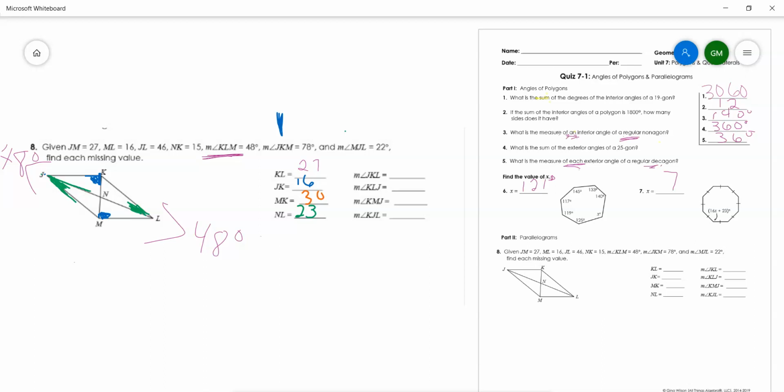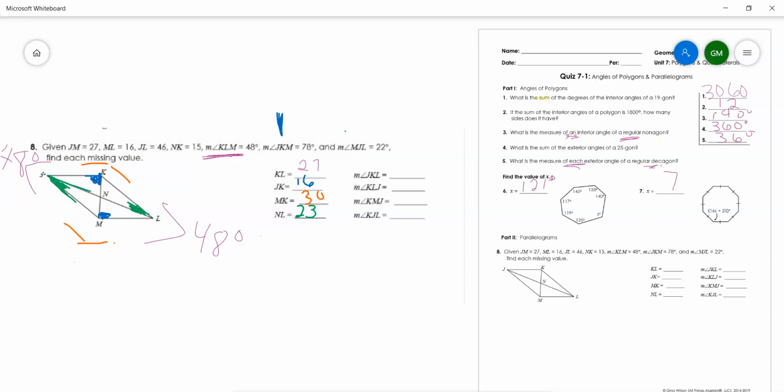Now we have to find each missing value. So they want us to look at JKL. JKL is this whole angle here, both of these. So remember, in any parallelogram, consecutive angles are supplementary.